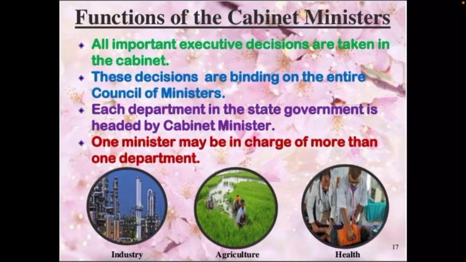Each department in the state government is headed by a cabinet minister. Every department, it could be education, agriculture, or health, has a cabinet minister heading that department. One minister may be in charge of more than one department. For example, industry and health may be under one single minister.